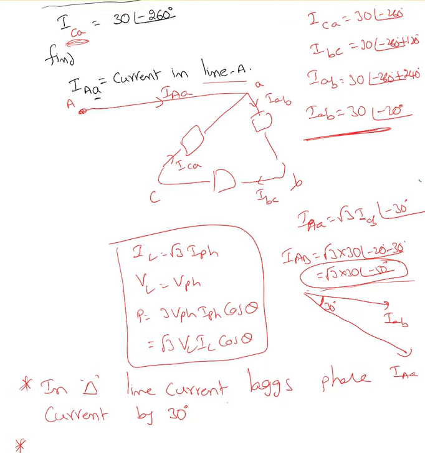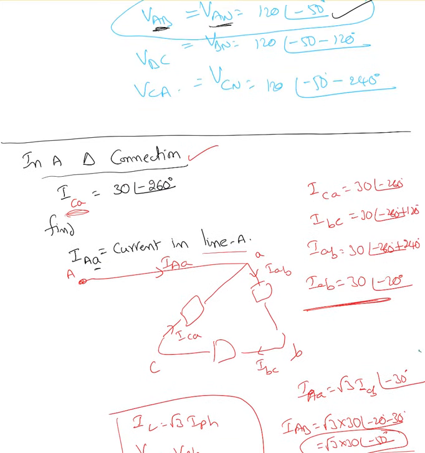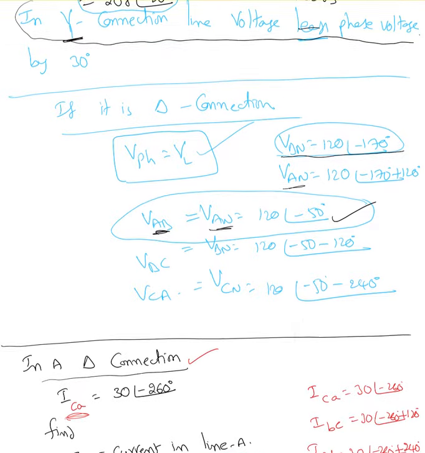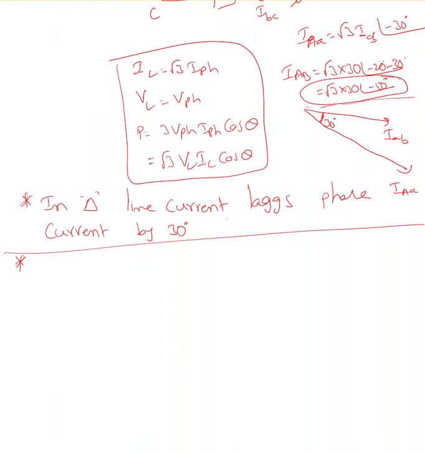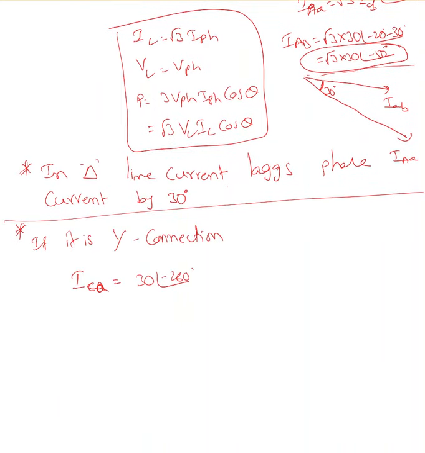Now, for example, if this is a star connection instead of delta, we just saw the line currents and phase currents are equal. So once we know ICA, if it is a Y connection, IC equal to 30 at an angle of minus 260 degrees, we know that I line equals I phase in Y. In Y connection, line currents and phase currents are the same. So that is a phase current as well as line current.